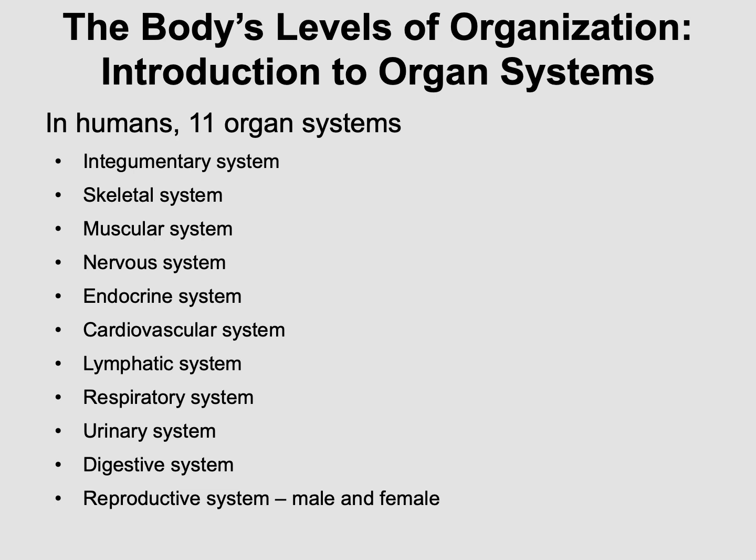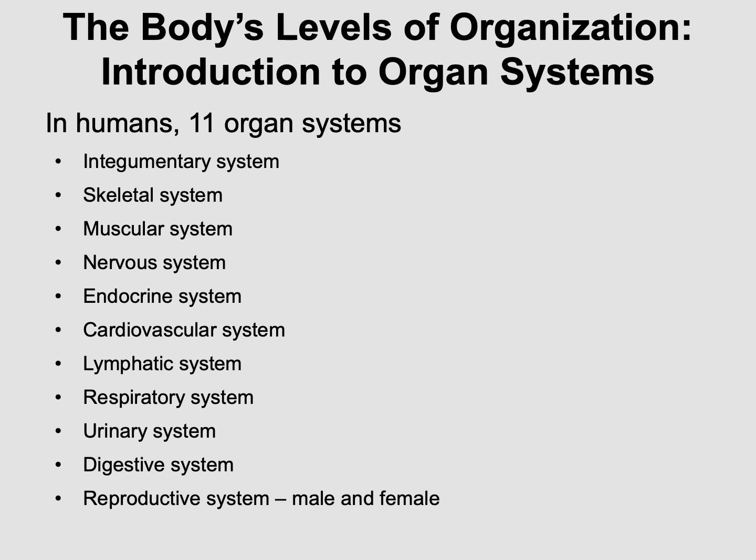In this class, we'll study and go over 11 organ systems. This is just an overview, and the first one is the integumentary system, which is the skin and everything that covers our bodies from the outside and from the inside, the tissue that covers our alimentary canal, for example.